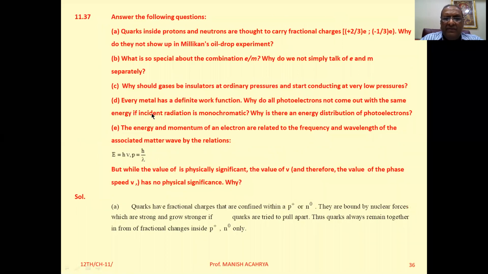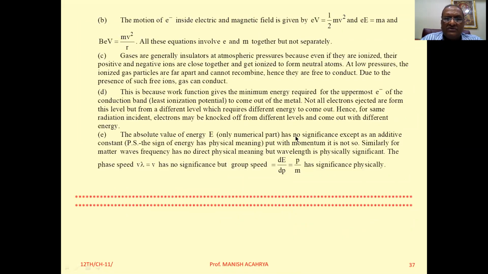Every metal has a definite work function. Why do all photoelectrons not come out with the same energy if the incident radiation is monochromatic light? Why is there an energy distribution of photoelectrons? So you all are aware of the structure of the atom, right? Here in an atom, electrons are in different orbits and are bound to the nucleus with different energy.